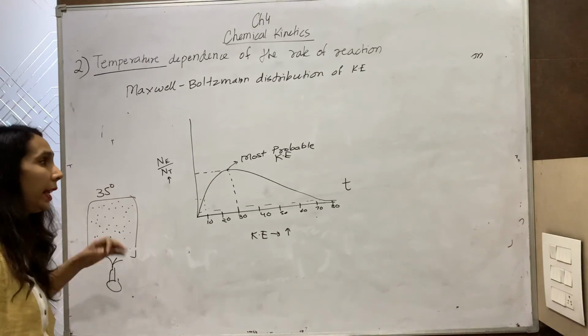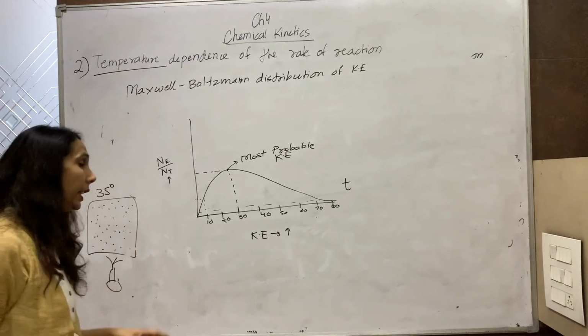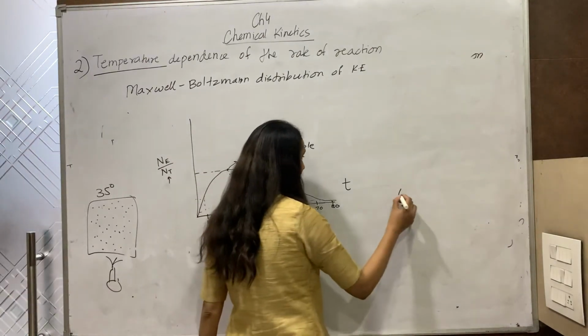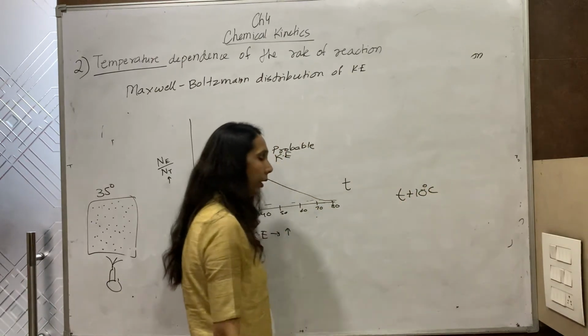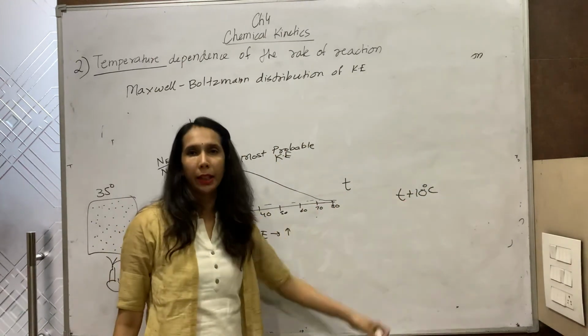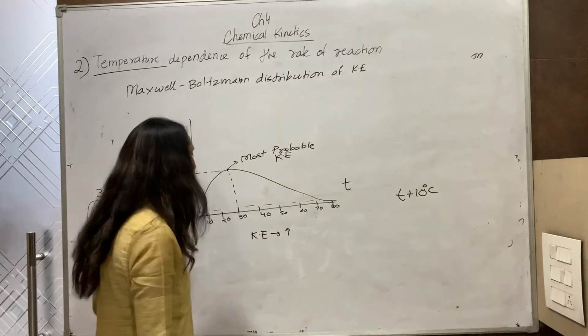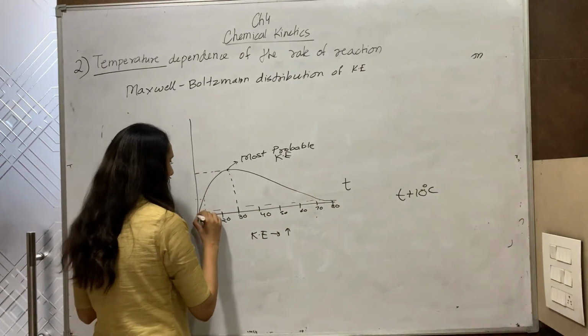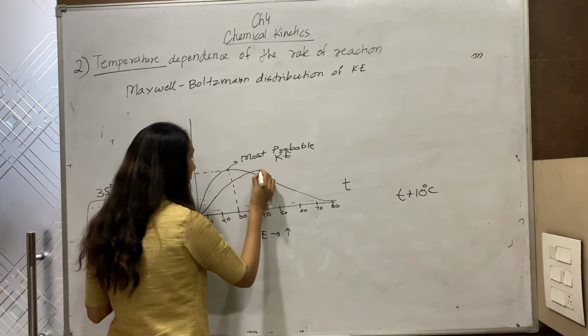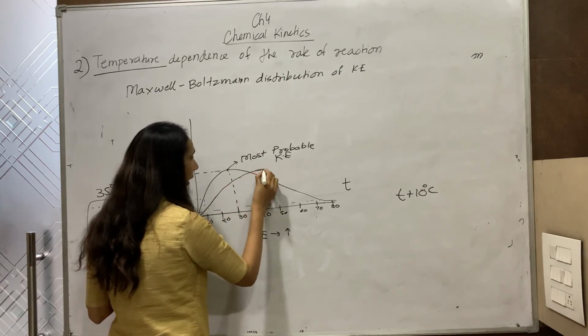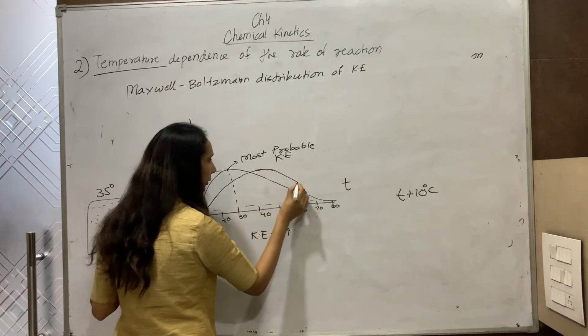So if I make a graph at T plus 10 degrees centigrade, that means if T is 25, then I am making a graph at 35 degrees. If T is 20 degrees, I am making it at 30 degrees. The graph obtained will be like this. The graph will shift here. Now more molecules will possess the higher energy. It will shift like this.